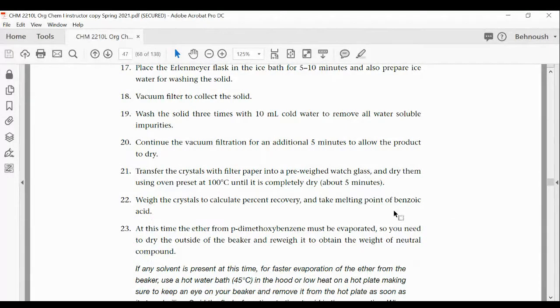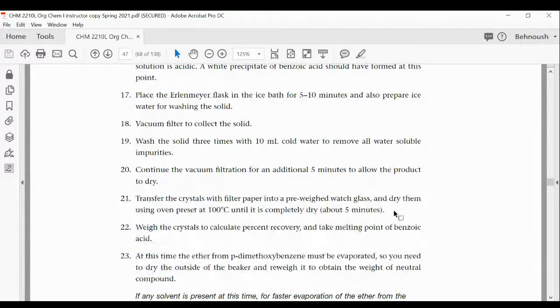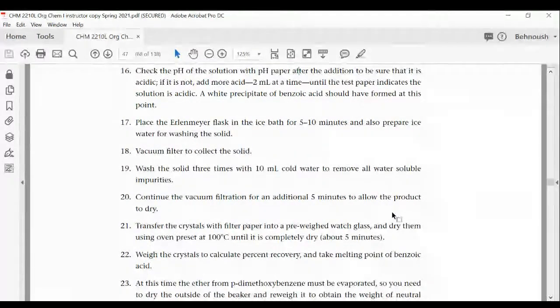And after it's acidic, you are going to cool it down to room temperature. It's already at room temperature. You place it in ice for 5 to 10 minutes. What's the purpose of placing it in ice? That mixture is going to stay in ice. What's the purpose for that?